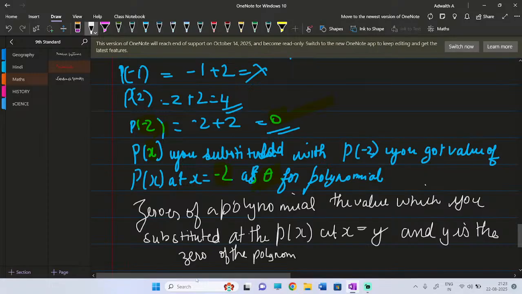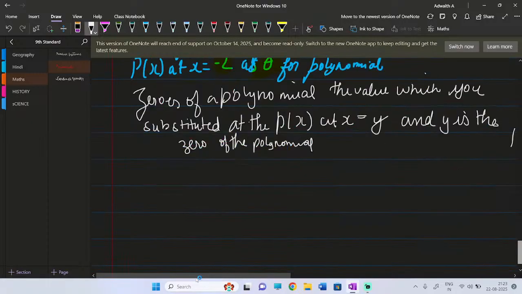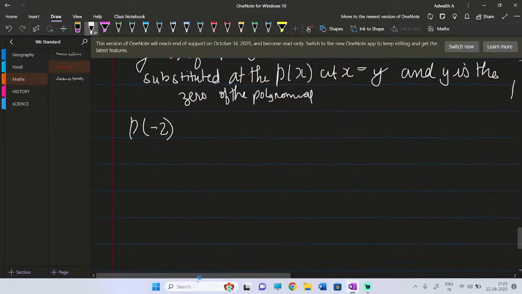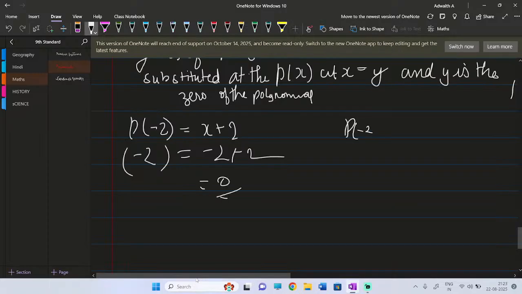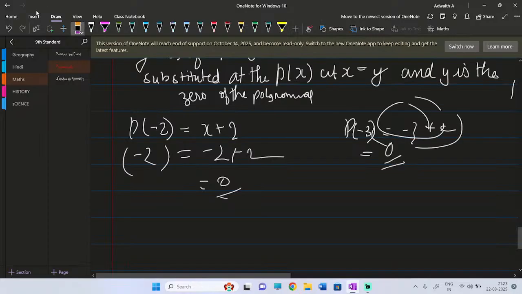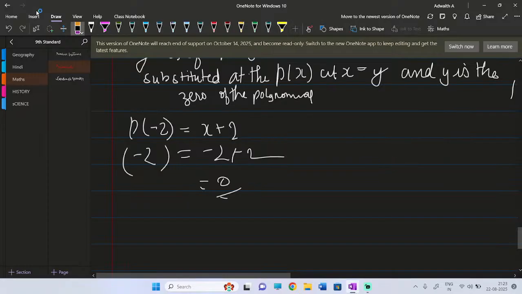Understand this. So P of x is x plus 2, and when you substitute negative 2, you get negative 2 plus 2, which is 0. So when you substitute any number, say P of negative 3, and the value of the polynomial comes out as 0, then the value you substituted is the zero of the polynomial.